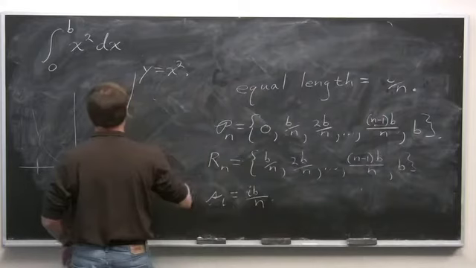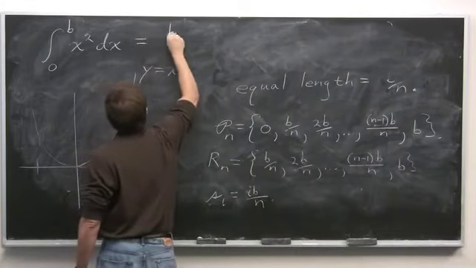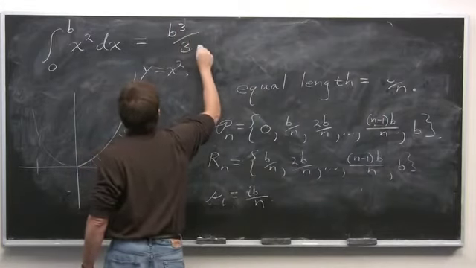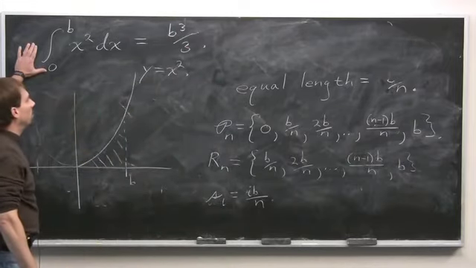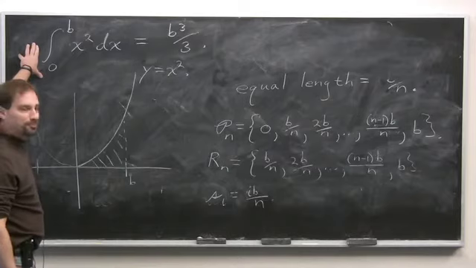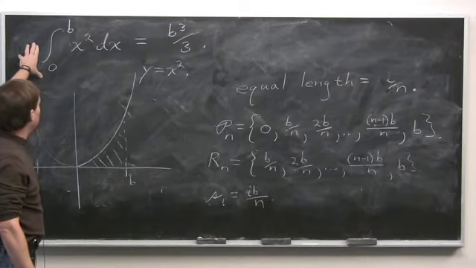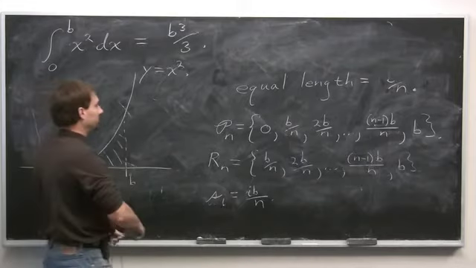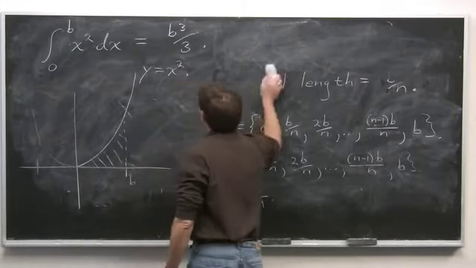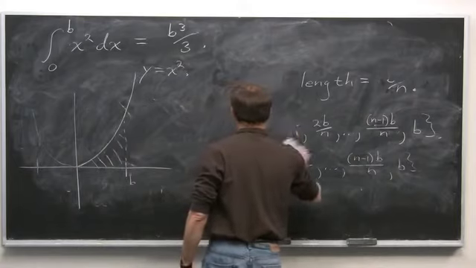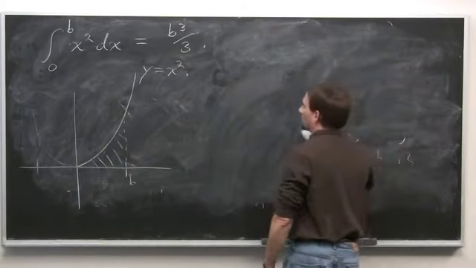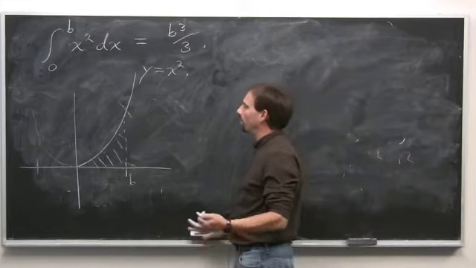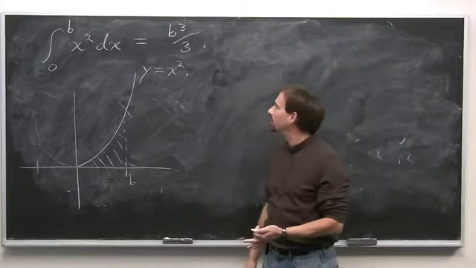If b is positive, anyway, this is b cubed over 3. I want to say a couple more things about this. One is, if b is negative, could this formula be correct when b is negative?